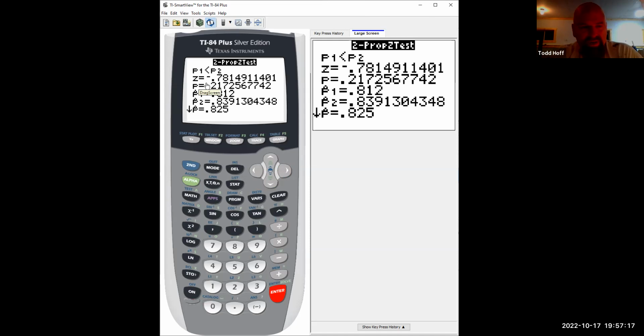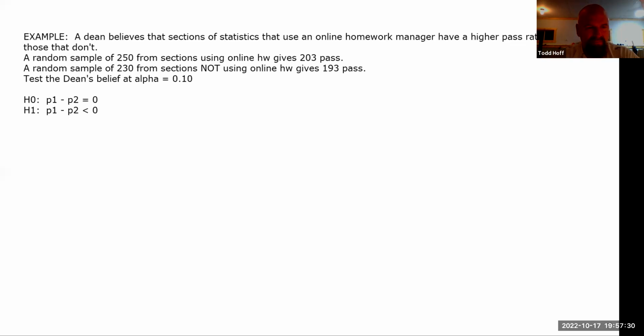We didn't find our critical value of z, but it is just a normal distribution, so I'm going to trust you guys can find a critical z here. But the p-value of 0.217 says all we need to know. So since the p-value is not less than alpha, we fail to reject H0 again.